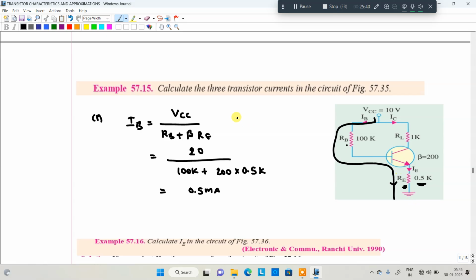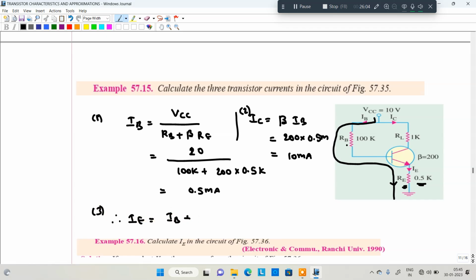Next, coming to the collector current, IC is equal to beta into IB. Beta is 200, IB is 0.5 milliamperes. That will be equivalent to an IC value of 10 milliamperes. Next, finally, IE, this is the third current. IE is equal to IB plus IC.